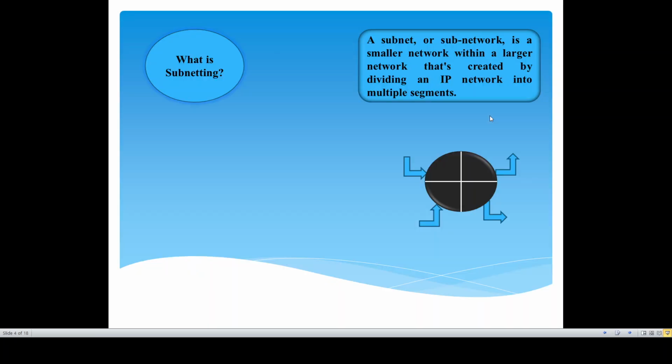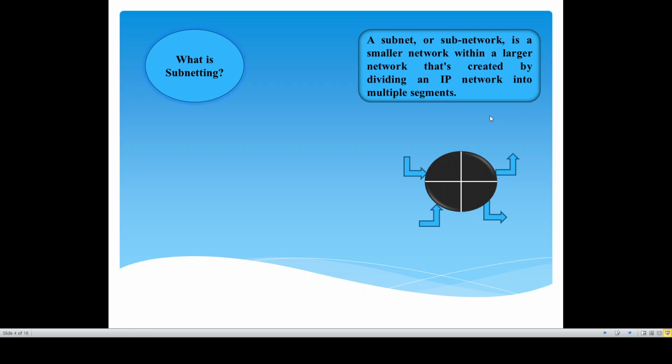So, what is subnetting? Subnetting is nothing but dividing a large organization network into subnetworks. A subnet is calculated with the help of the IP address.